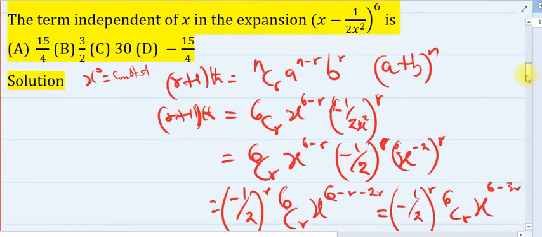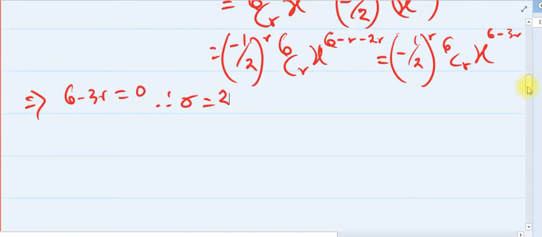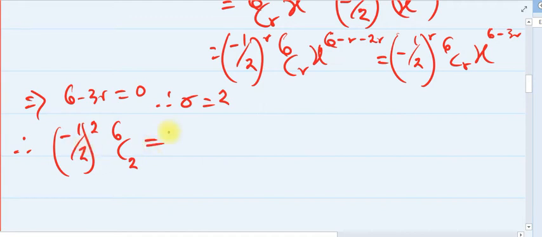So we now substitute r as 2. (-1/2) raised to power 2, 6 combination 2. Putting in 2 here makes it a constant, so we don't need x again. So the answer is this raised to power 2, which is 1 over 4, times 6 combination 2, which is 6 factorial over (6 minus 2) factorial, 2 factorial.